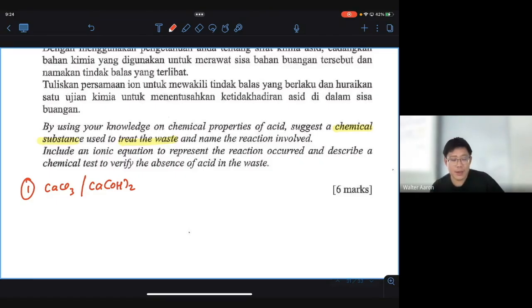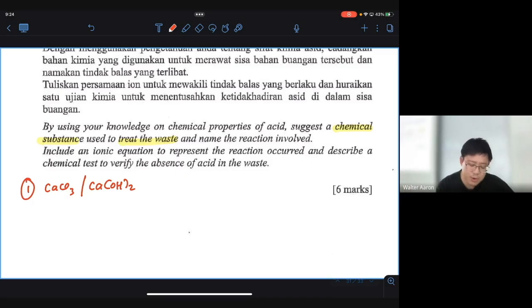But if you use calcium carbonate, it doesn't matter. If you have too much of it, it will not affect the pH of the soil because calcium carbonate is already a salt by itself, with neutral property. So you can suggest calcium carbonate, calcium hydroxide, or any base, because the base is theoretically possible to be used to neutralize the acid.